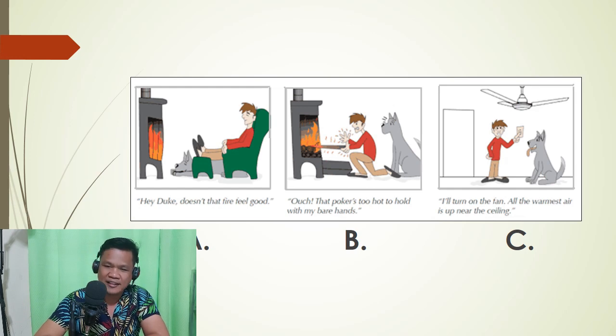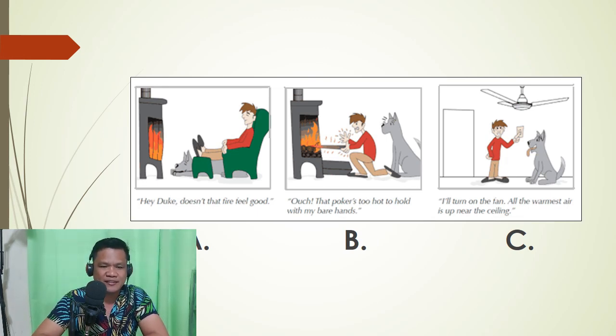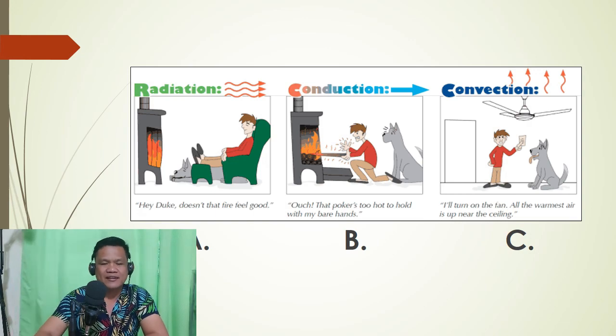Convection is letter C, because there is a flow of air inside the room. Now, which of these pictures is radiation? It's letter A. The heat is being radiated from the source to that boy or to that person. Okay?